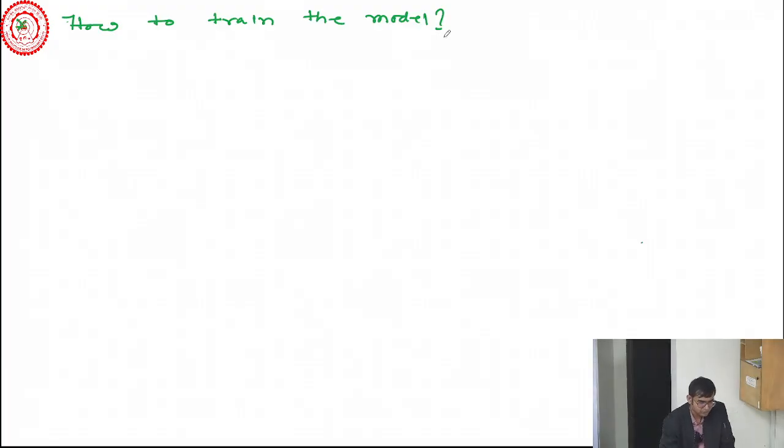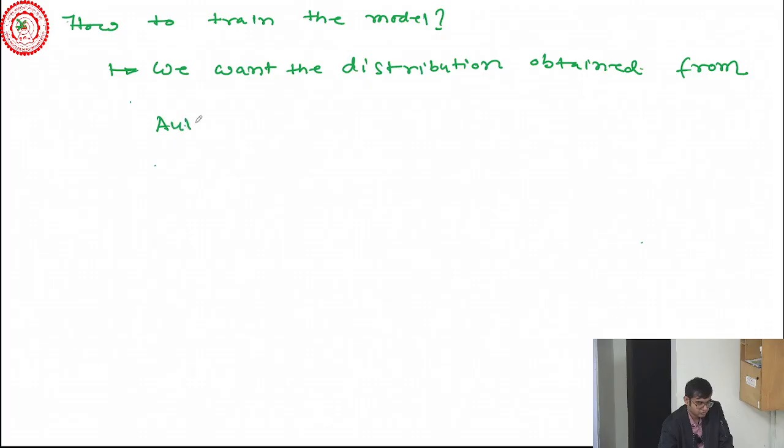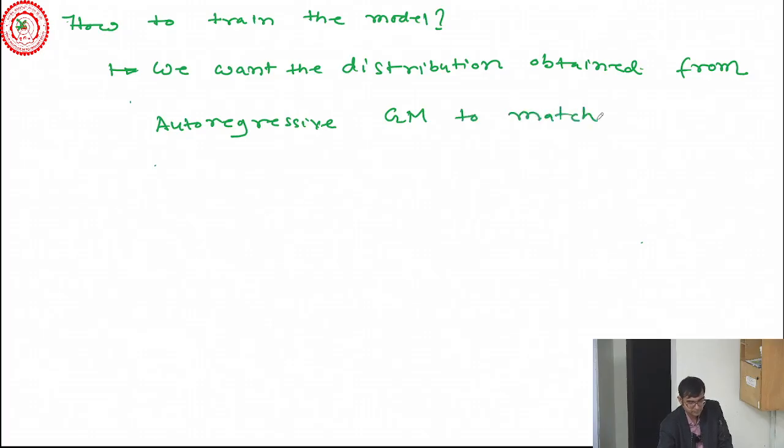Okay. So how to train? First of all, as I said, we want the distribution obtained from the autoregressive generative model, let's write it GM, to match the distribution of the data.